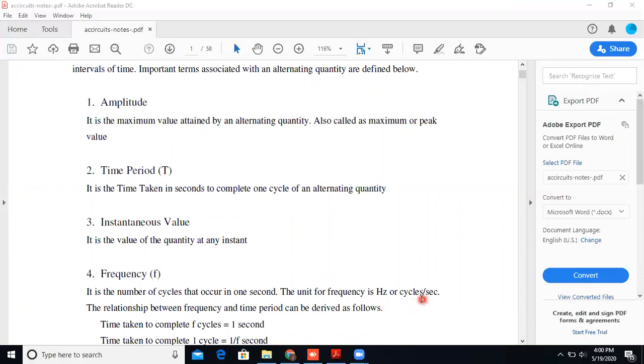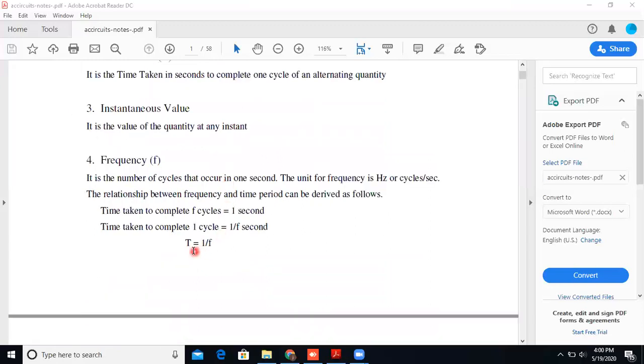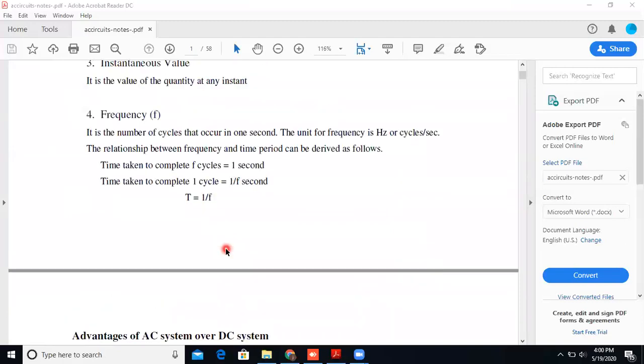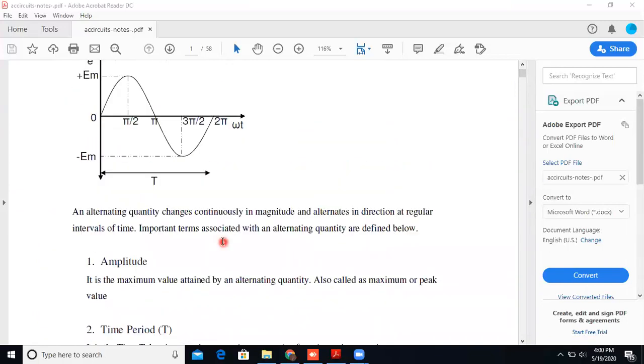Like this, we are going to have 50 cycles in 1 second. That represents the frequency. So from that relation, T equals 1 by f. Okay, so this is about some definitions. There are more definitions, but these are some terms about the alternating quantity.